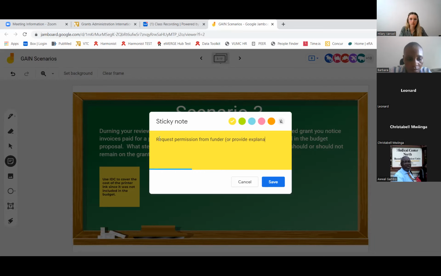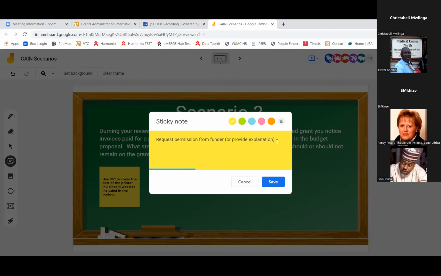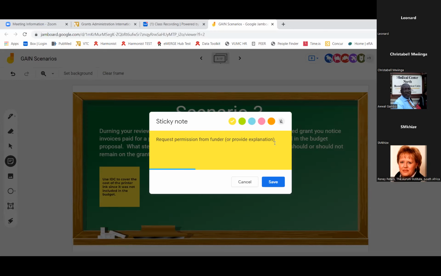the cost of the ink is inclusive in the total cost of replenishables? Sorry, say that again. Inclusive in the cost of what? Replenishables. Yeah. It might be that this is just a supply cost that you can justify the expense.